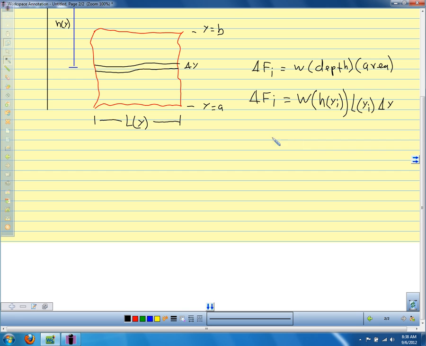So using this as our motivation, we're going to say that the force F equals our weight density times the integral from a to b of h of y, which is the depth as a function of y, times L of y, which is the width as a function of y, times dy.